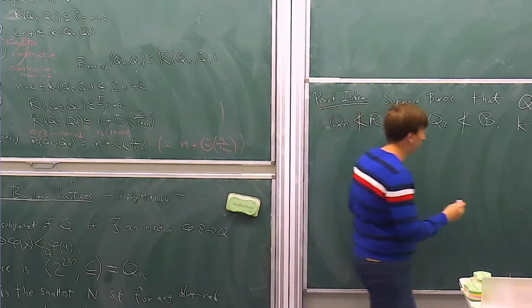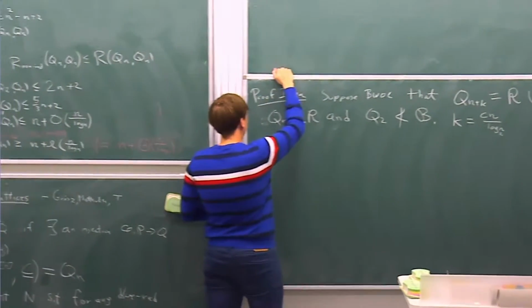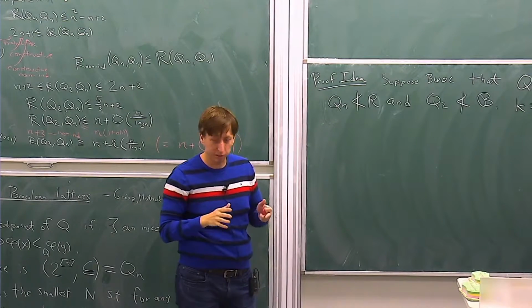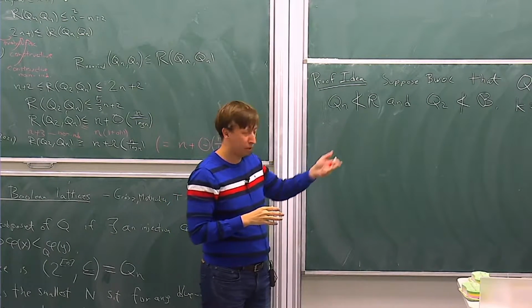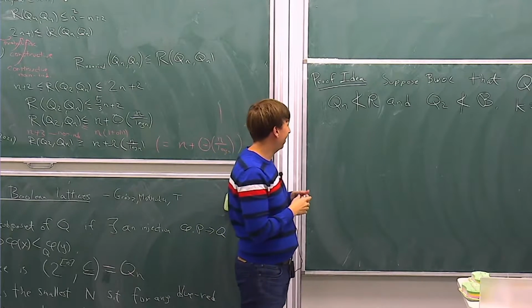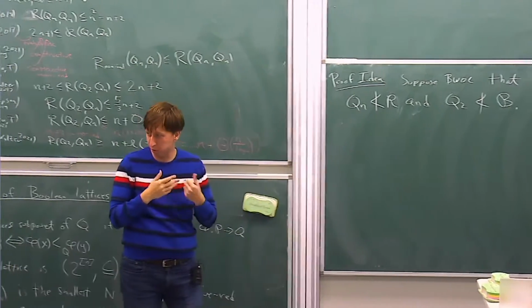Actually, log base 2. Okay, so suppose we have this partition of Qn plus k. We expect that we will be able to find the Qn of the proper color, or Q2 of the proper color.